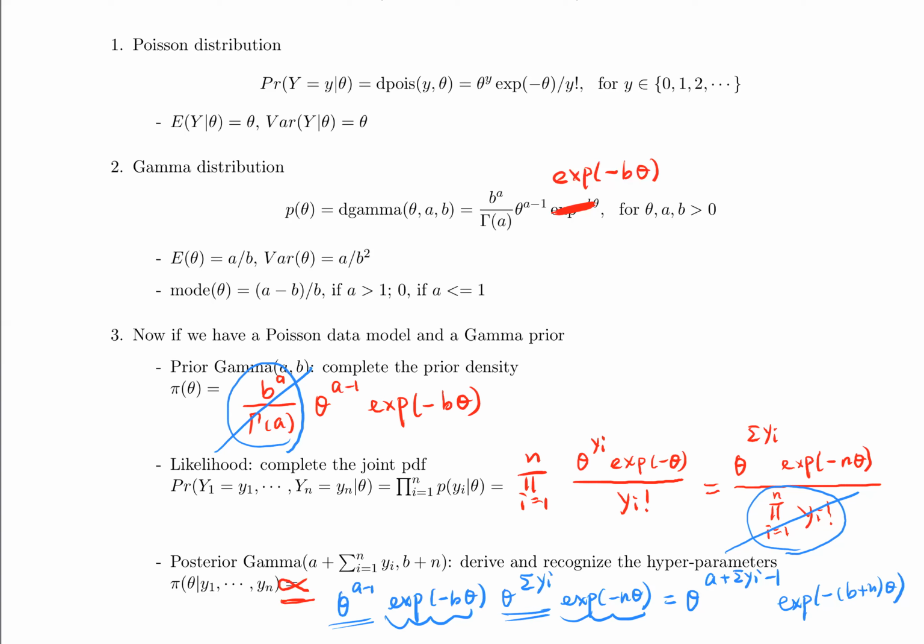You do have to combine terms, but you don't have to complete the square to recognize the posterior distribution. And we know that this will be the first parameter for the gamma, and this will be the second parameter for the gamma. So that's how you come to this point.